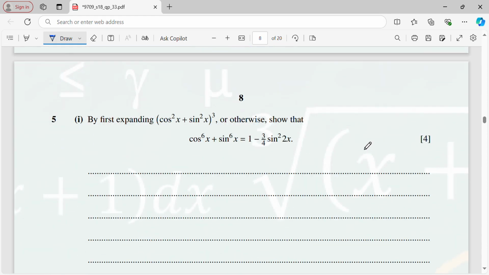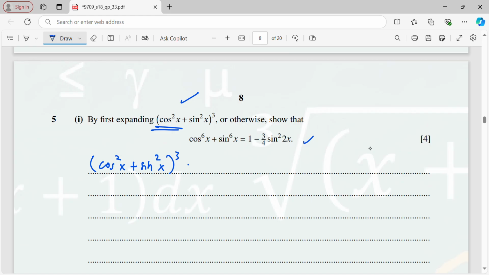Next question, number 5, first part. By expanding the cube of cos square x plus sin square x, or otherwise, show cos power 6x plus sin power 6x equals these two terms. Since we are given a hint, by expanding this, I will start with the cube of cos square x plus sin square x. So we will do expansion.